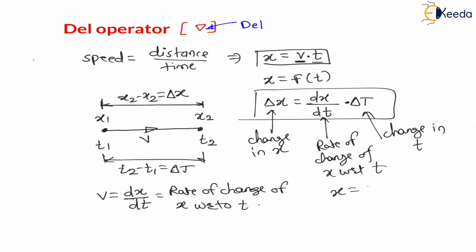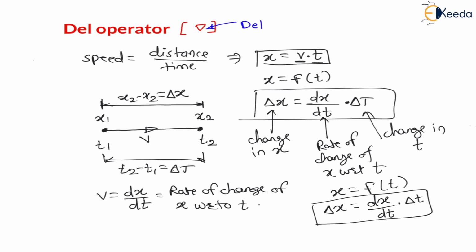If x is a function of a variable, then change in x will be equal to the rate of change of x with respect to the variable into the change in variable. Here the variable is time: as time changes, x changes. This is very important.